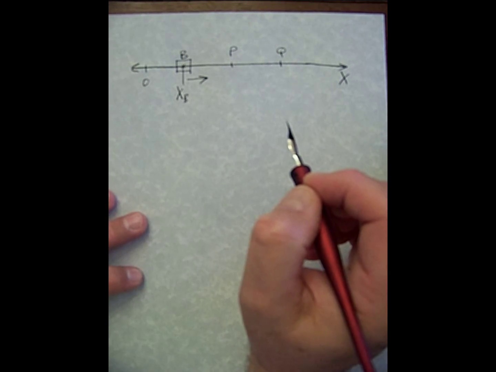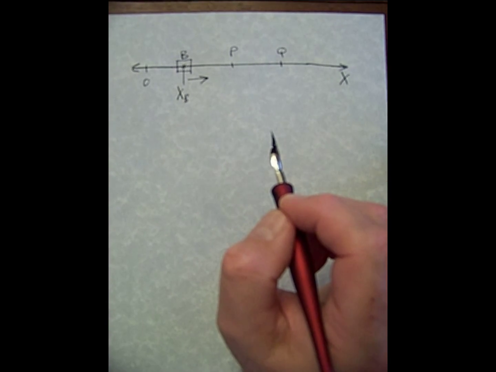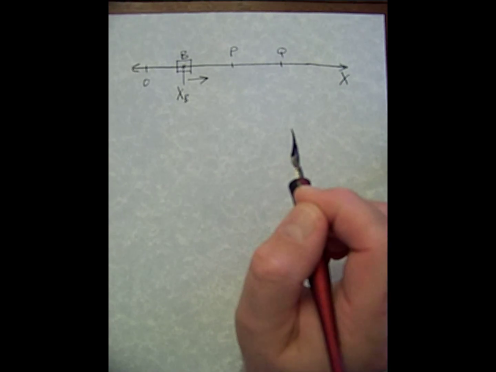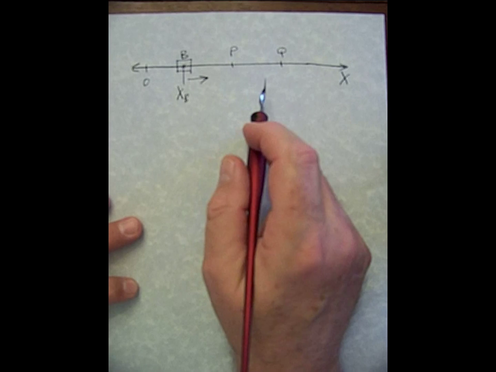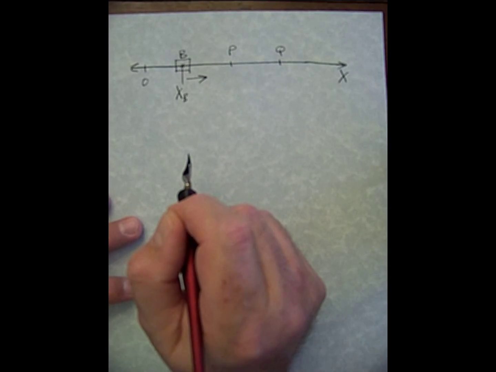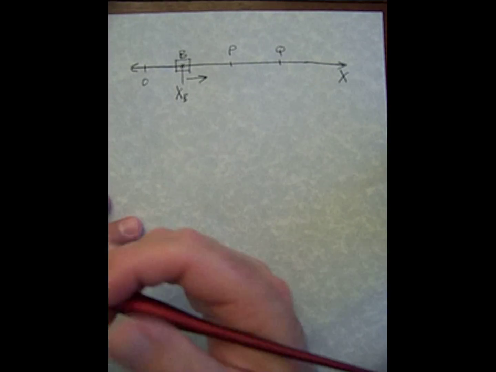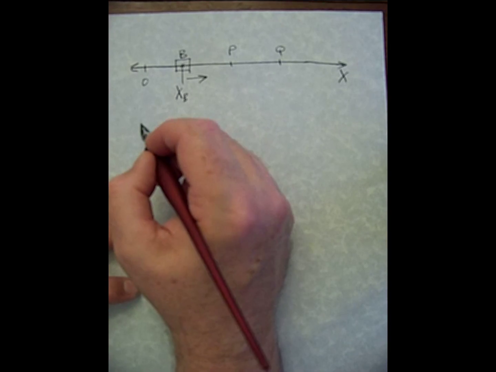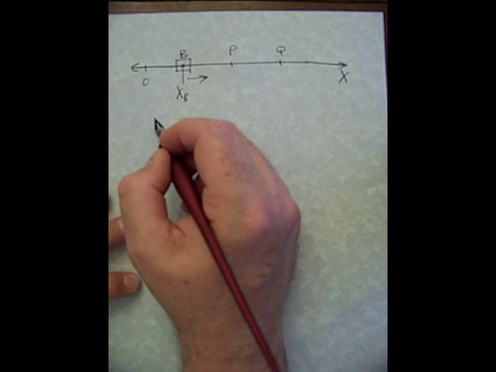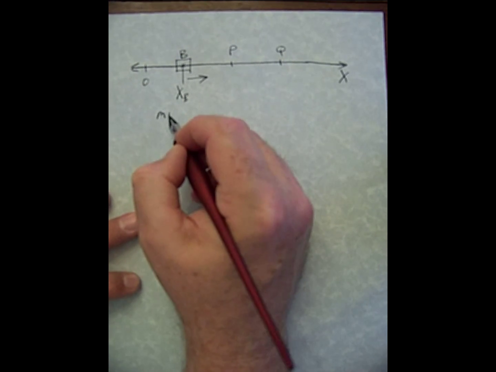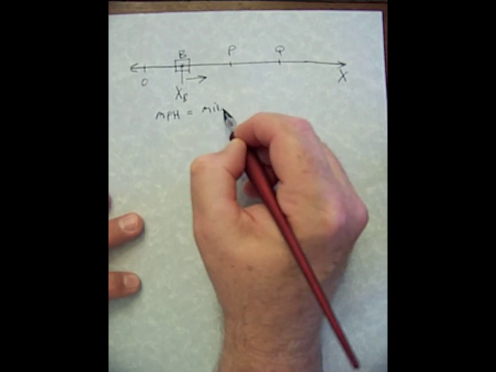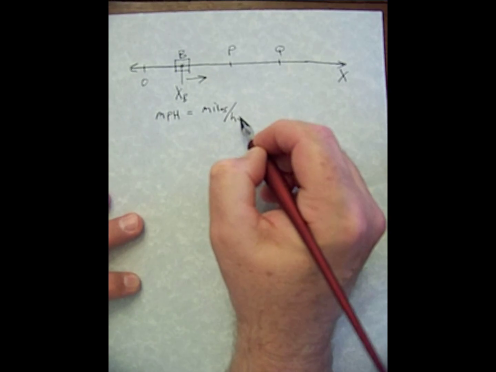Well, a simple way to look at it is distance and time. When you're in your car and you're driving and you look at your speedometer, it registers your velocity, your speed, in miles per hour, which is miles divided by hours.